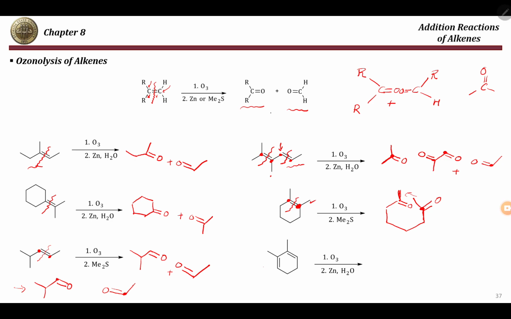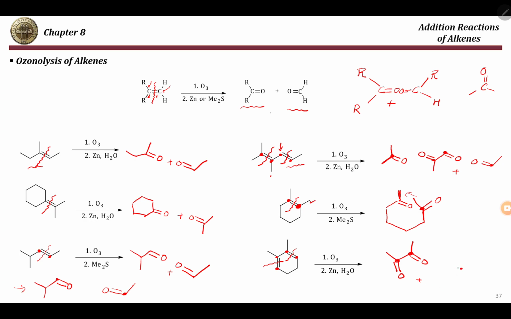Since I have two double bonds here, I have to cut at this point and at this point at the same time. Starting from the top side of the molecule, I have those two points which were originally double bonded, so they will get double bond O, plus. And then I have this carbon here and this carbon here again.